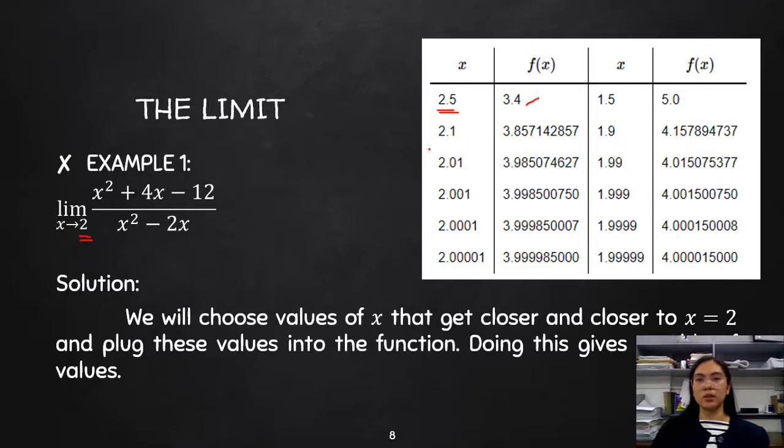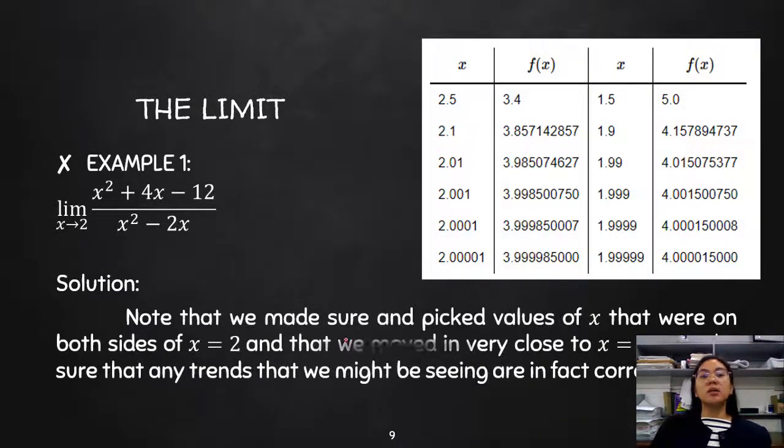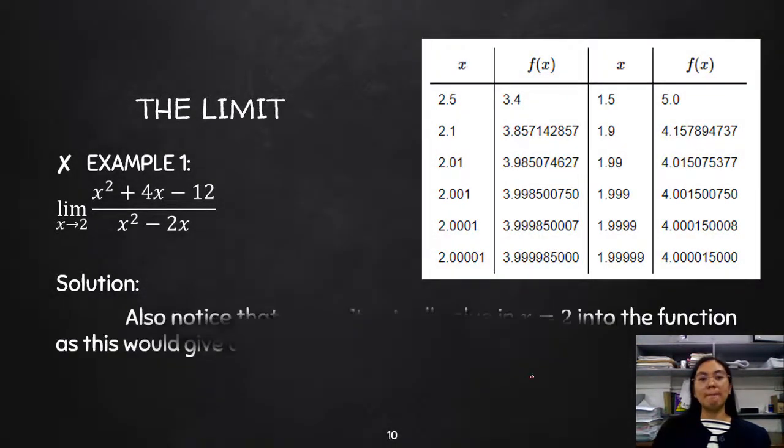The same is true if we substitute 2.1 for x; we get this particular value. Note that we made sure to pick values of x on both sides of x equals 2, greater than 2 and less than 2, but very close to 2, to make sure that any trends we might be seeing are in fact correct.